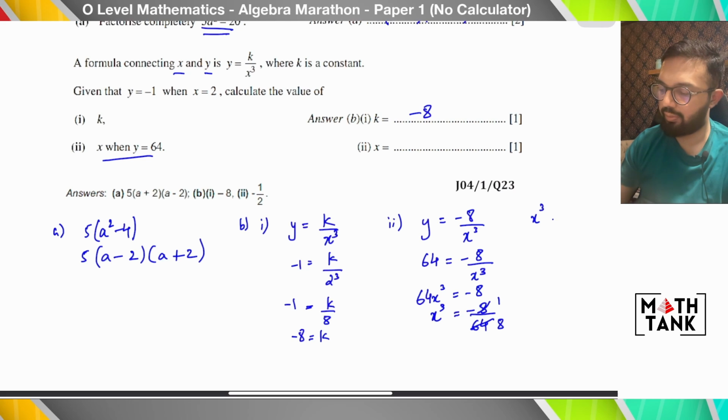So x cube equals to minus 1 over 8. How do I remove a cube? I take a cube root. What's the cube root of minus 1 over 8? Minus 1 has a cube root minus 1, and 8 has a cube root of 2. So I get minus 1 over 2.